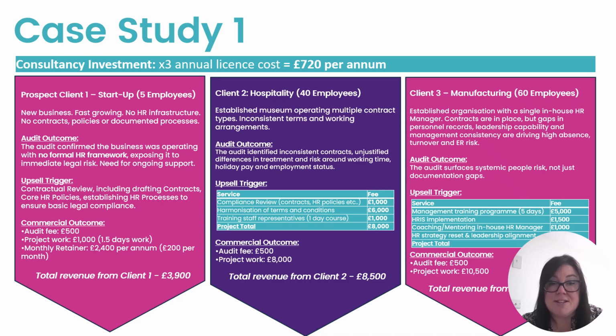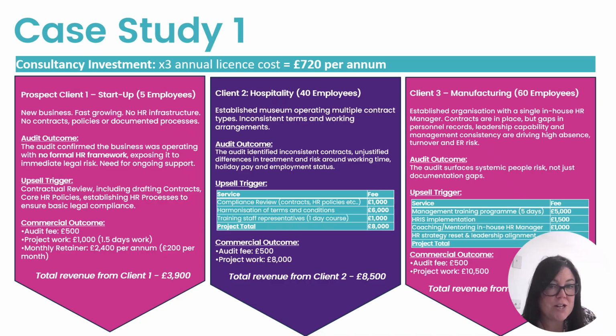And then, as you can see from this slide, you provide several different services. So there's the compliance review, you might charge £1,000 for that. Harmonisation of terms and conditions and the consulting and etc. You might charge £6,000 for that, based on 10 days roughly. And then you might want to also provide some training to the staff reps.